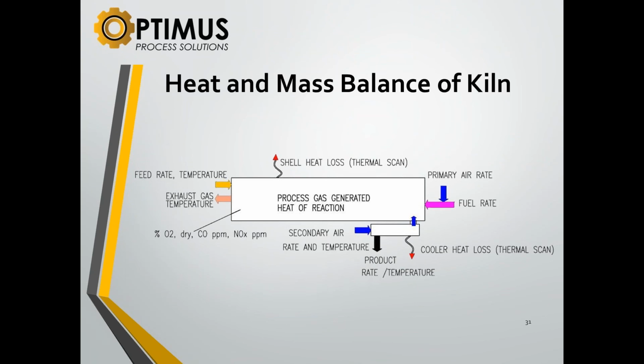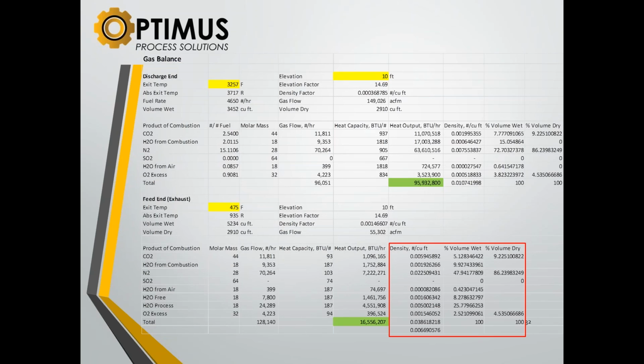Just to reiterate, we're talking about primary air, fuel rate, secondary air, the process, and the heat losses from the surface. In the end, what we get is the exhaust gases.